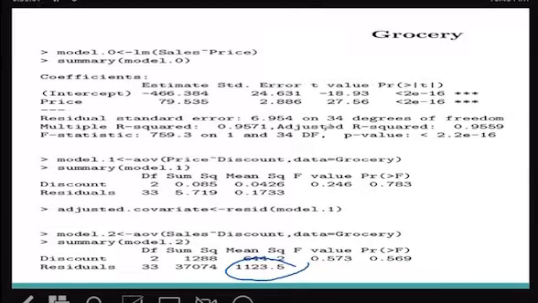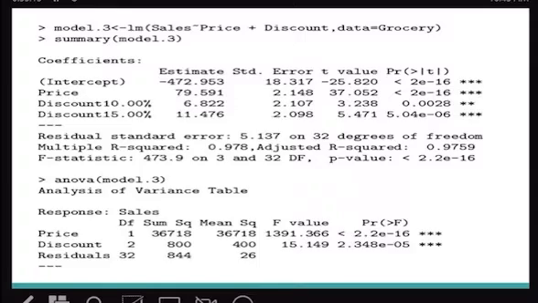Now that we consider the covariate, what happens? Considering the covariate, the mean square error has drastically reduced to 26. Is there anybody here who is not seeing that 26 on the board, where you have a mean square error?